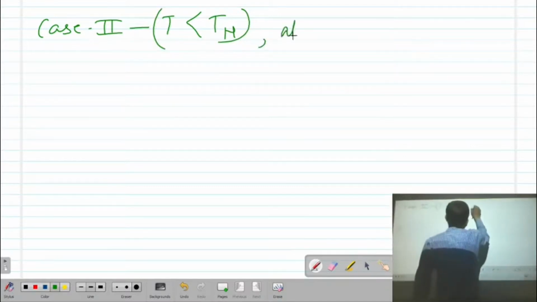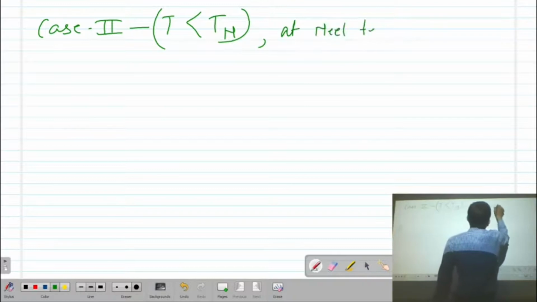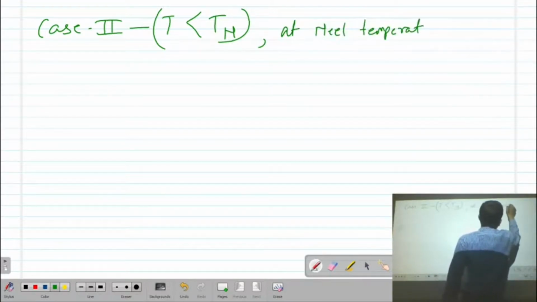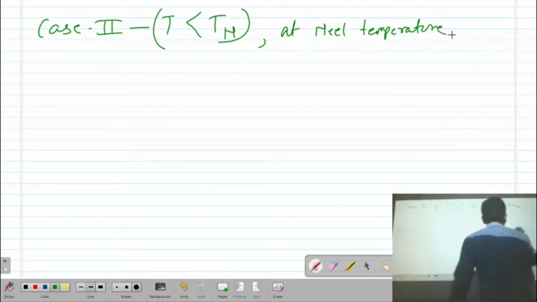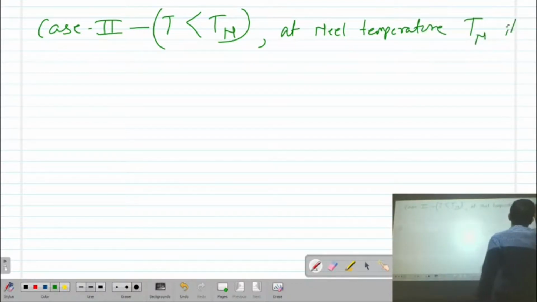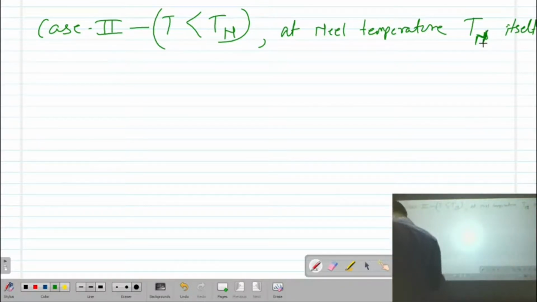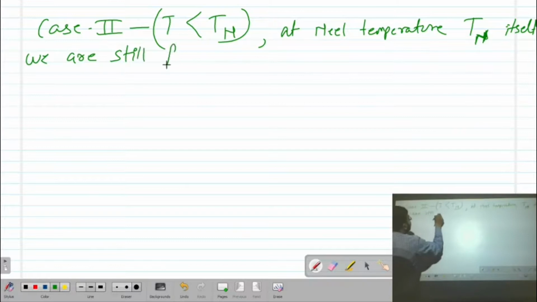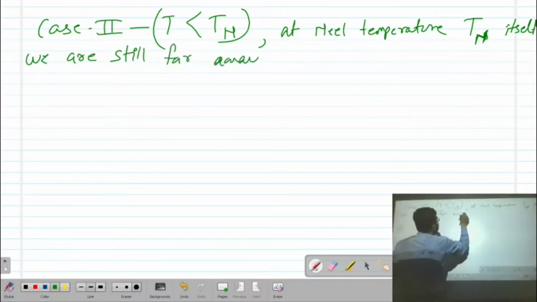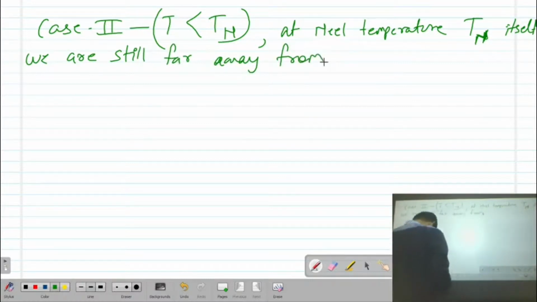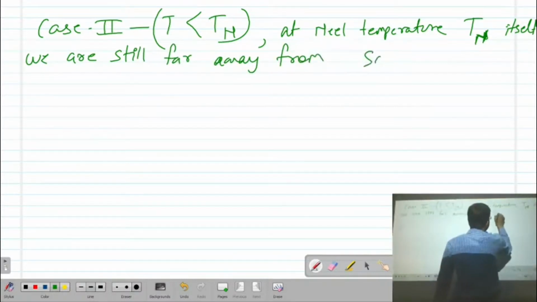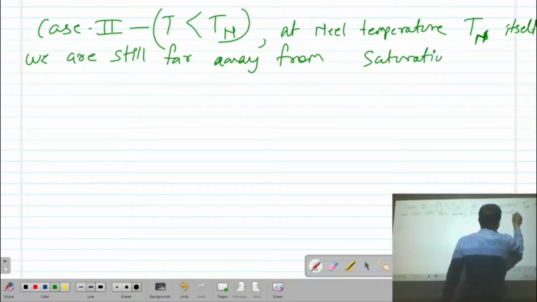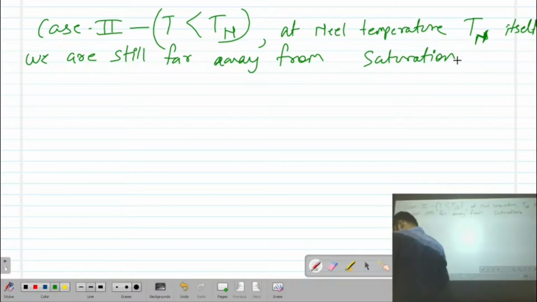At Néel temperature itself, T of N, we are considering at Néel temperature itself, we are still far away from saturation. This is our assumption, or this is our situation.